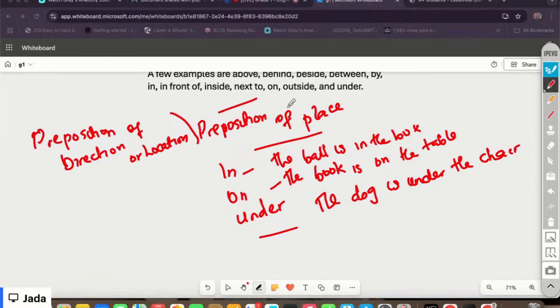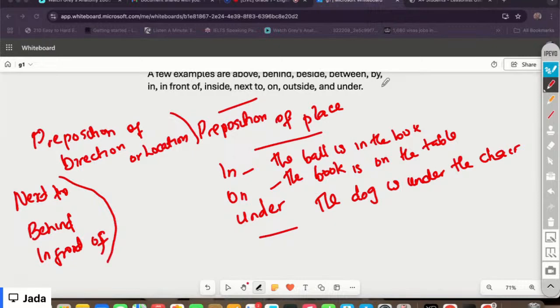So we also have preposition of direction or location. We have next to here, we have also behind, and we have in front of. So these ones are the preposition of direction or location.